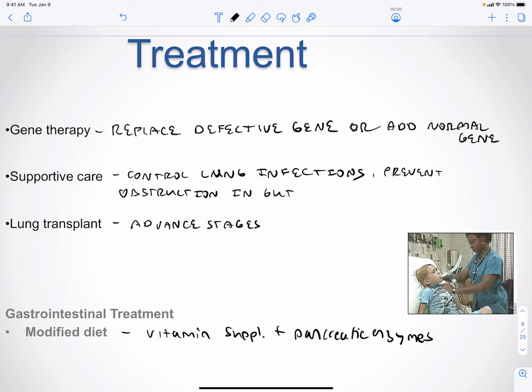The supplements that are going to be important are fat soluble, so these are A, D, E, and K, as well as those pancreatic enzymes. You also have a high caloric content in these diets, typically twice of what's normal. And this is going to be very low in fat and high in protein.